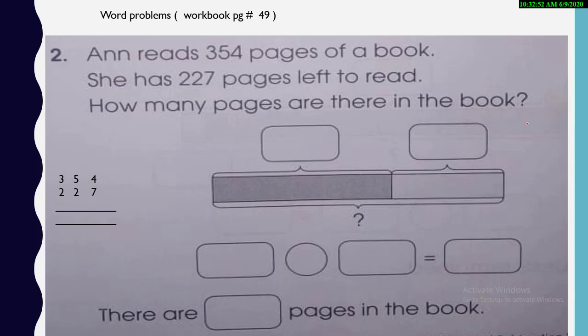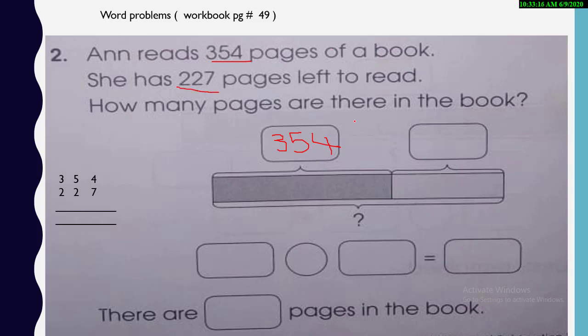So let me check my idea with the bar model. Okay, these are the pages and the box is given. It means these are the pages that she read, so I'm going to mention this number over here, 354. Yes. Okay, sorry, my handwriting is going bad. Don't laugh at my bad writing, okay?